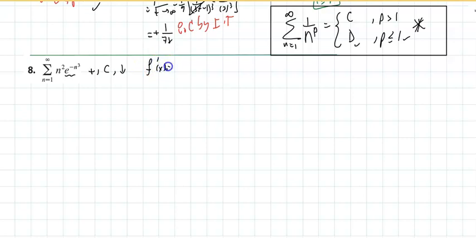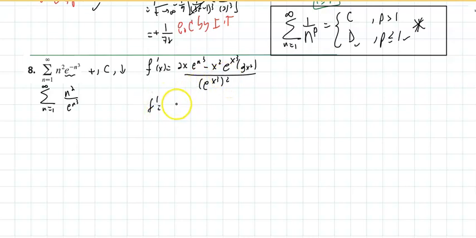prime of x is going to be, I could use the product rule, I could use the quotient rule. This is really the series n equals 1 to infinity of n squared over e to the n cubed. So, I could take the derivative of the top times the bottom minus the top times the derivative of the bottom, all over the bottom squared.